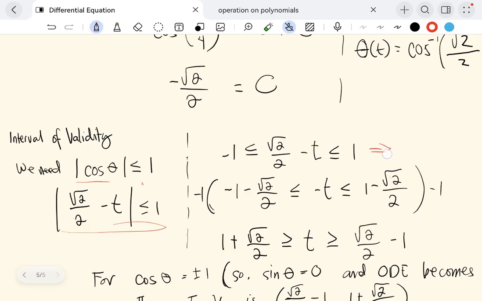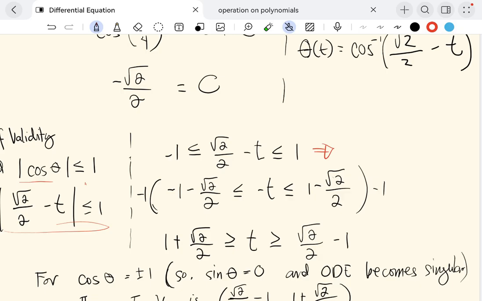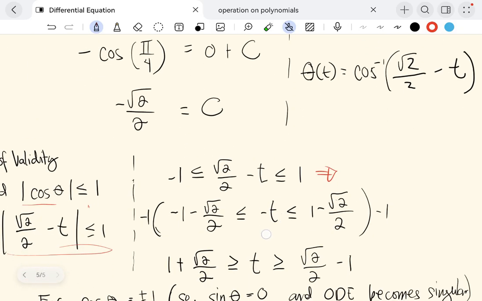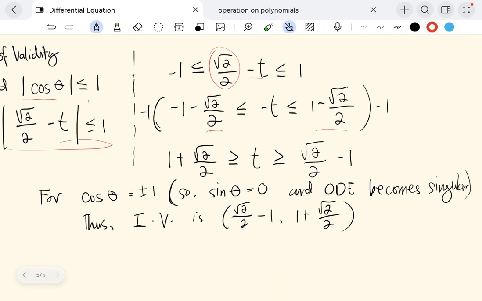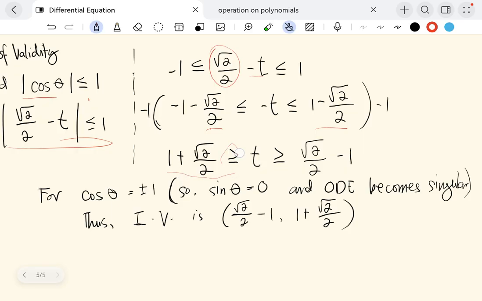So this will become, I add t, so negative 1 plus t is less than or equal to square root of 2 over 2, oops, t should be in the middle. Never mind this one. So I add this, and then add the negative of this, the inverse, then multiply by negative 1 to make it positive. This is what happened, it flips, and it means your t is from here to here.